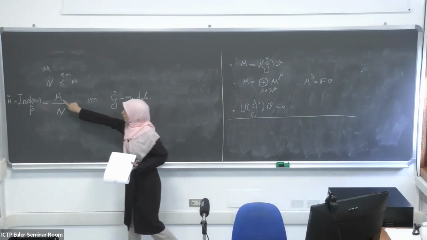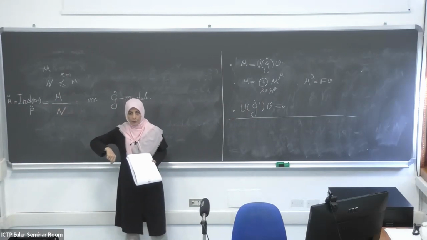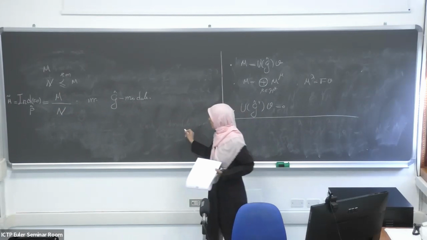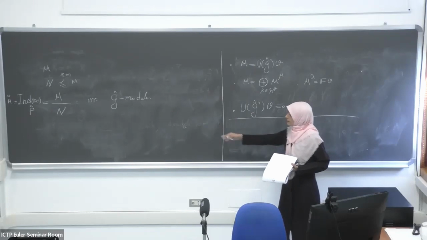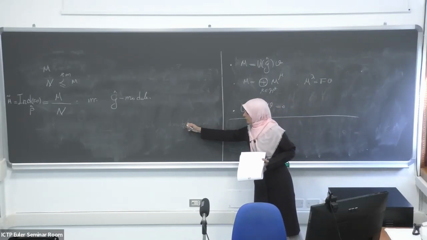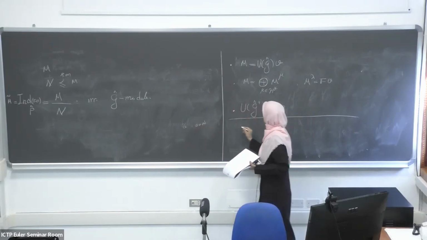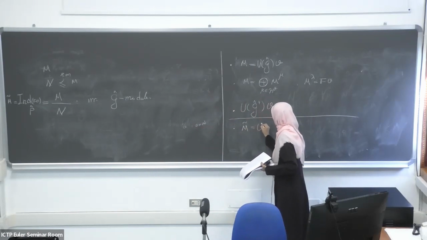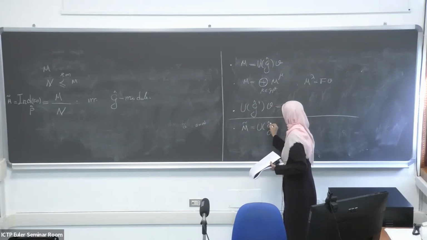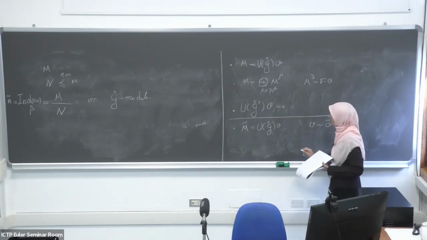As M is generated by V, and this is a quotient of M, this quotient is also generated by V. Yeah, of course, by V, I mean V tilde. Just for simplicity, I identify V tilde, which is V plus N, just by V, and I can say that M tilde is U G hat V. We identify V with V hat.